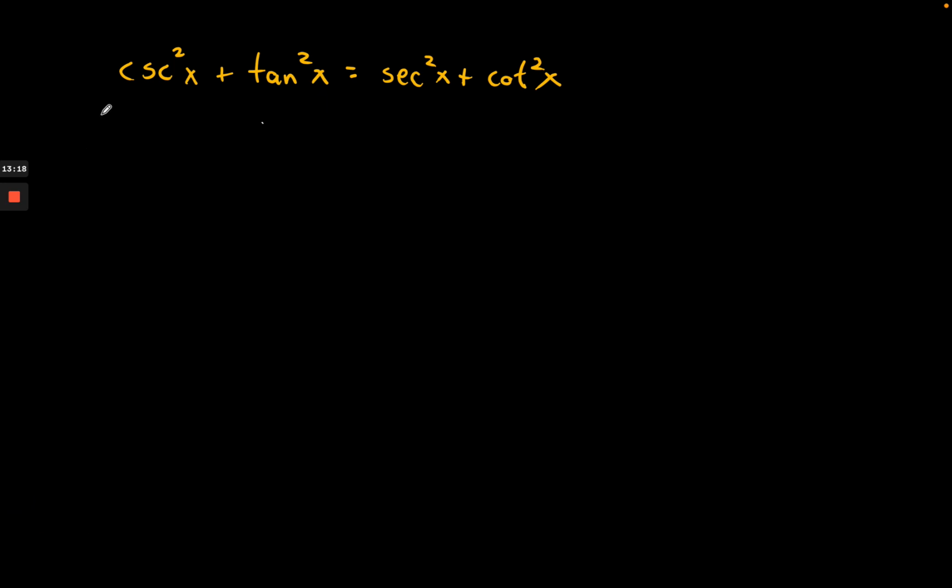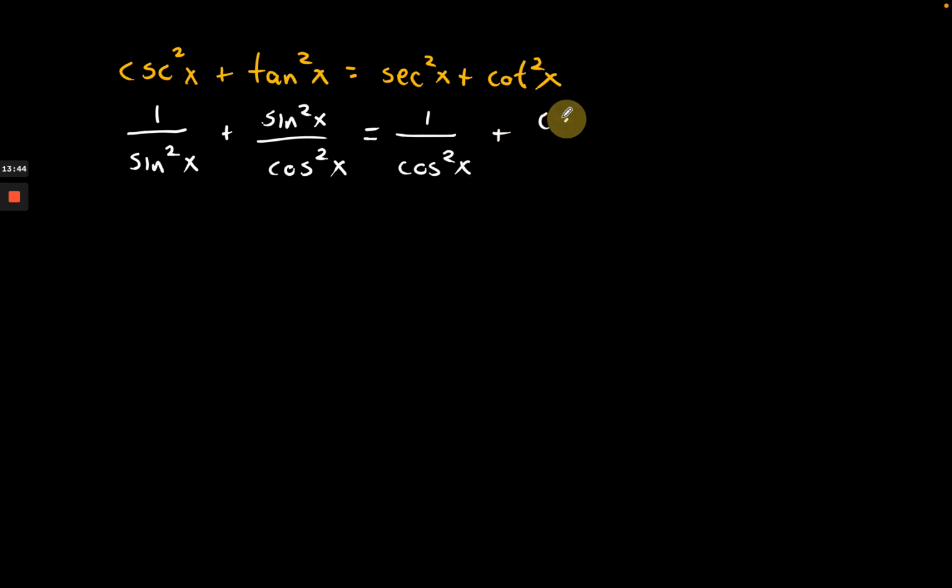So cosecant squared, that's going to be 1 over sine squared, plus tangent squared is sine squared over cosine squared. And then let's look at the other side. This is going to be 1 over cosine squared, and this will be cosine squared over sine squared.